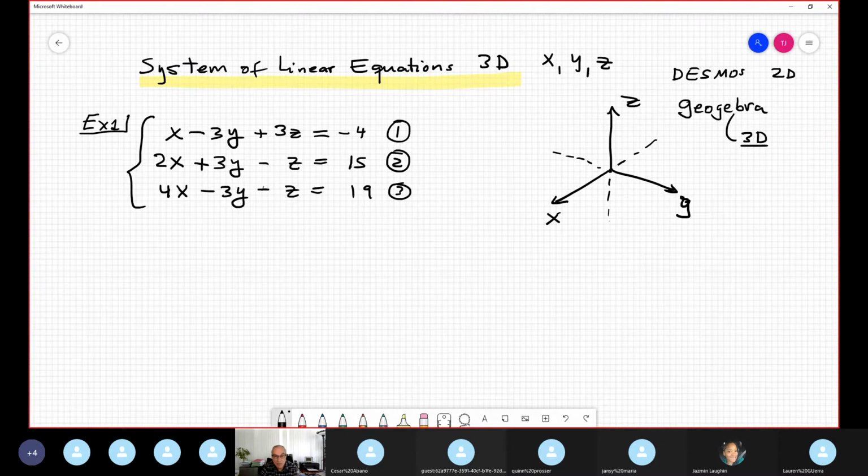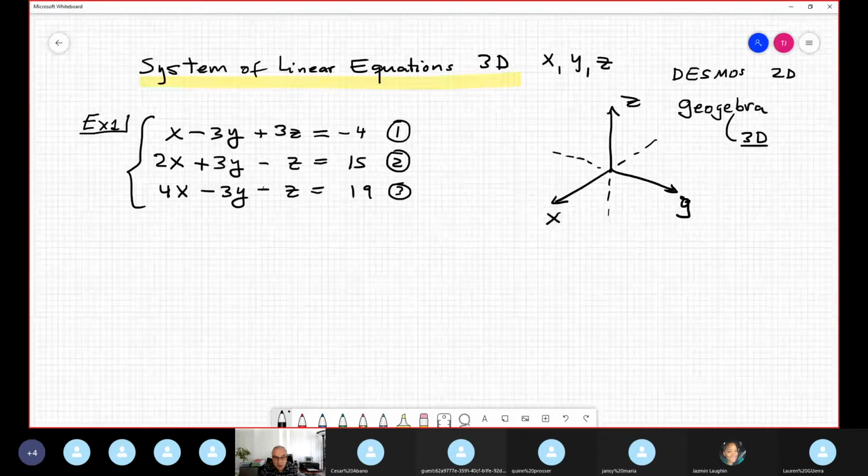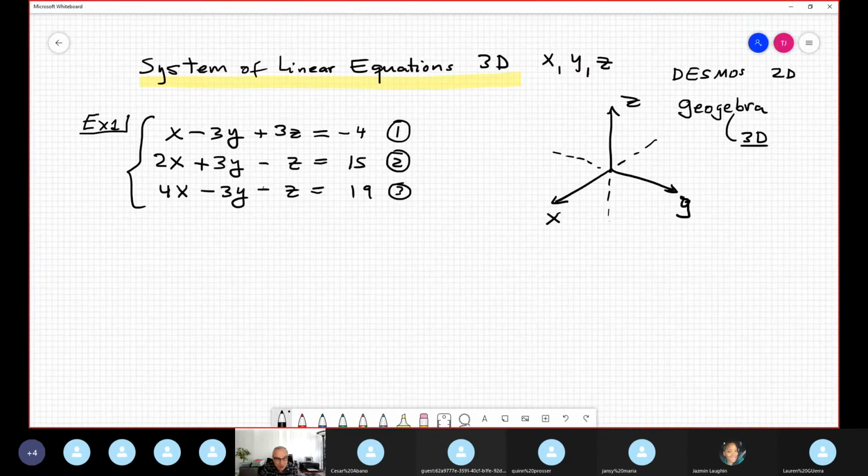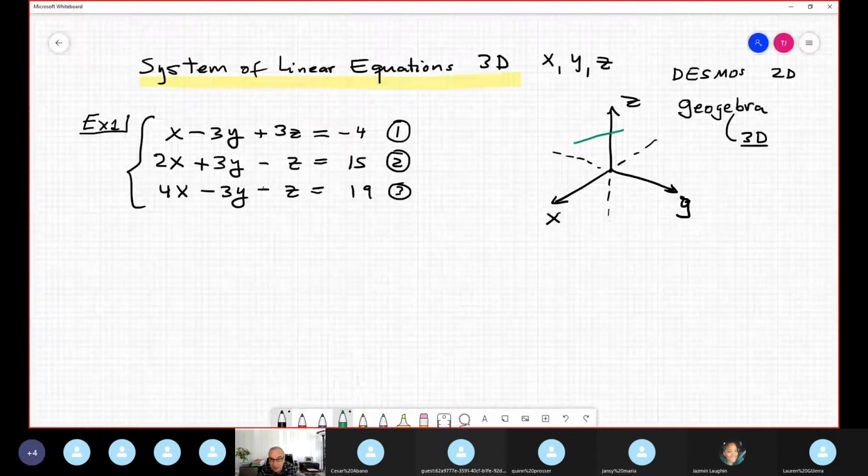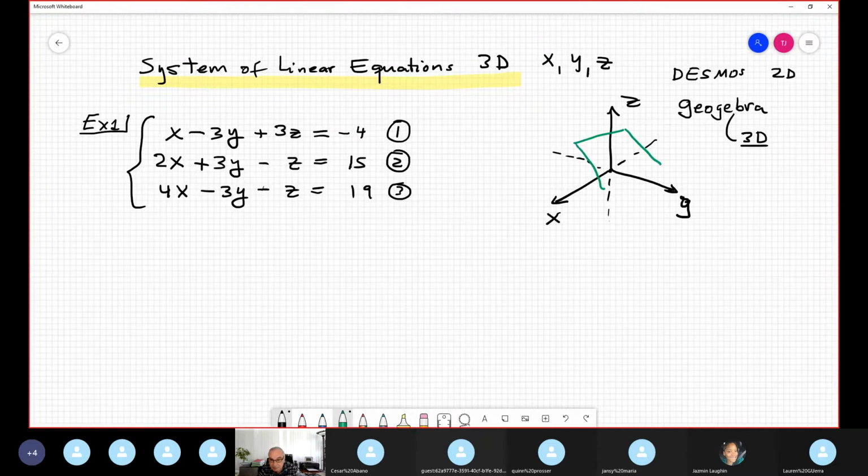So we are working in the 3-dimensional space. The representation of each equation is completely different to the thing that we discussed before. The representation is the plane. You see now in Geogebra, it's a plane. For example, this is one equation, a representation of equation 1. Another plane, equation 2.